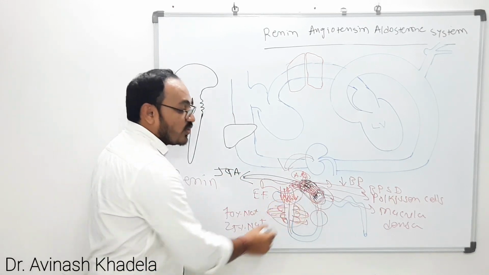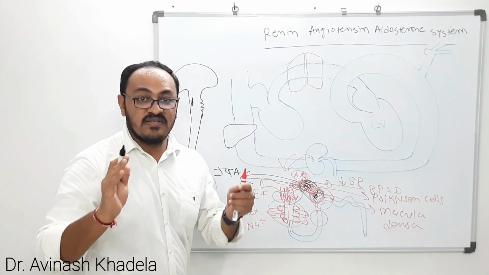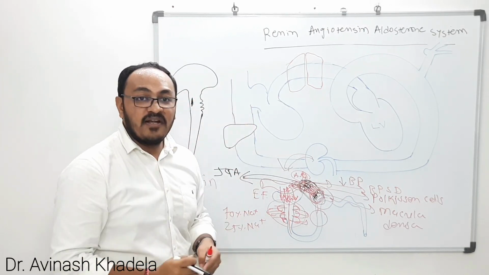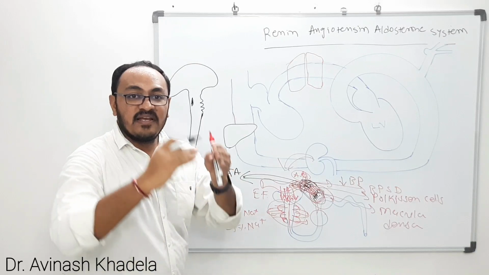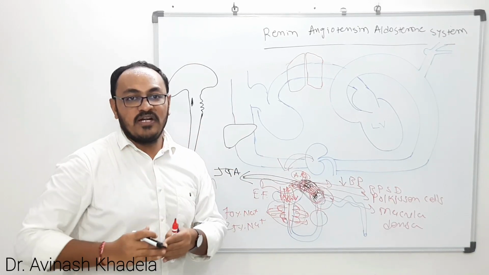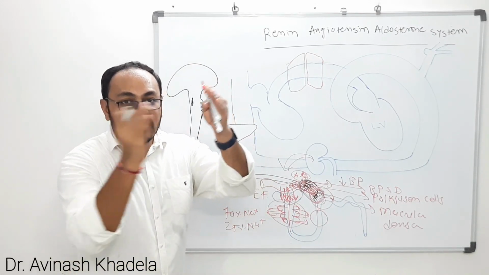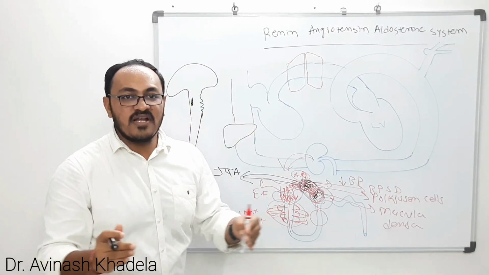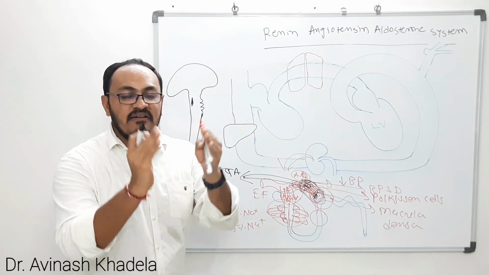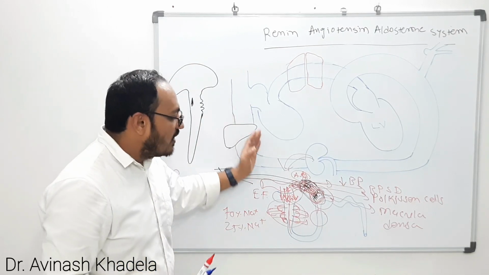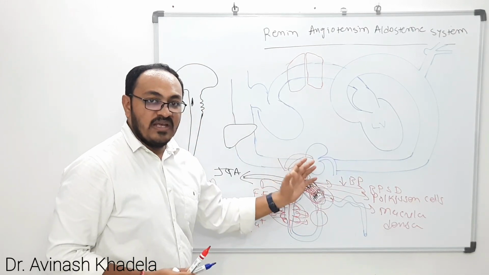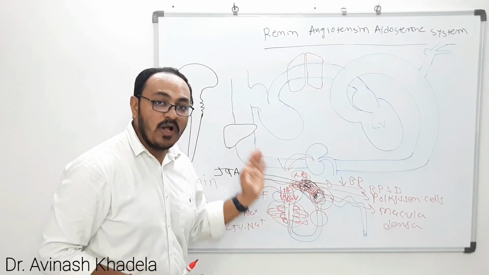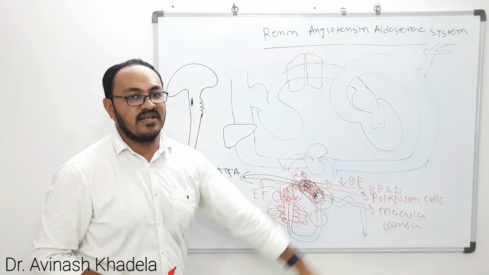This apparatus combines the polkissen cells near the afferent arterioles and the dense cells in the initial part of the distal convoluted tubule, connected with connective tissue cells, and it releases renin in the blood. Because this whole system is situated in the kidney, it is the intrarenal local mechanism of renin secretion.